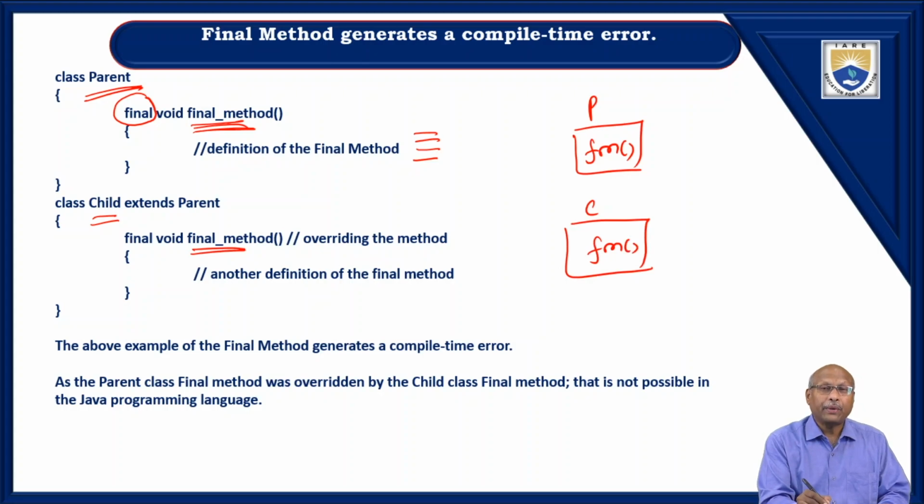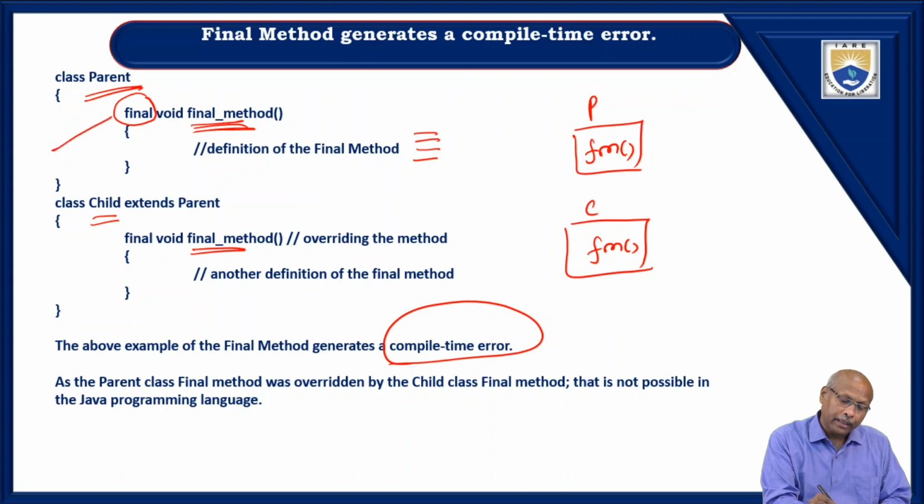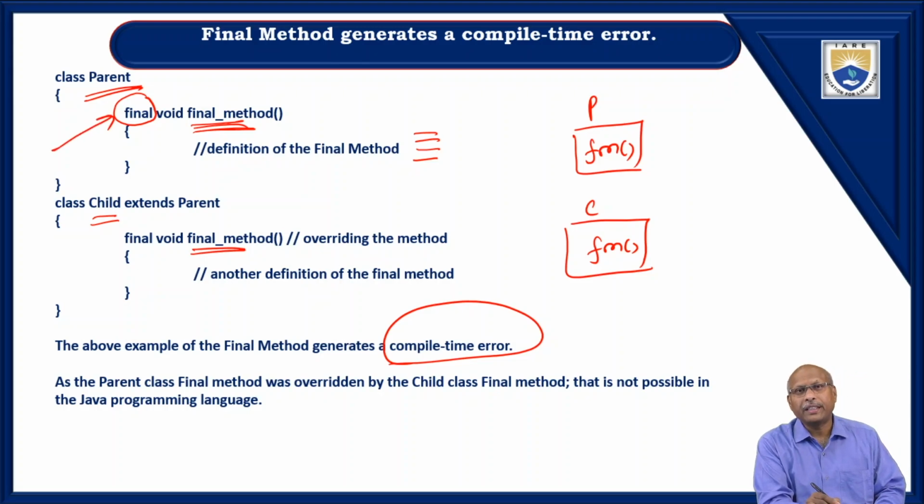But whenever you are trying to override, the system says no, you cannot override. So you will get a compile time error. If you try to execute this type of program, you will get a compile time error. So whenever you want to stop overriding, use a keyword called final. Once you use the final keyword, it will not allow you to override.